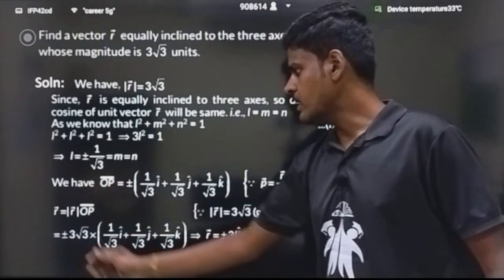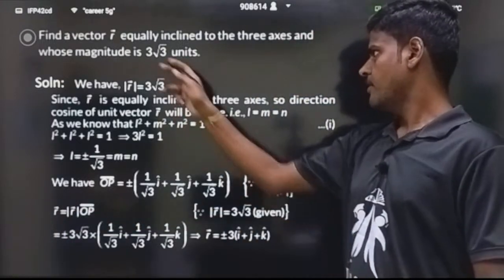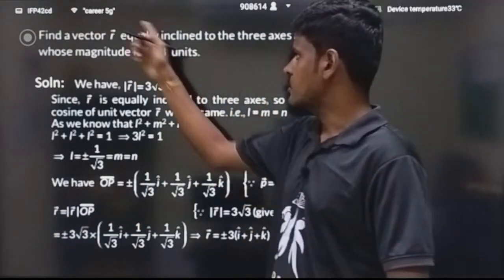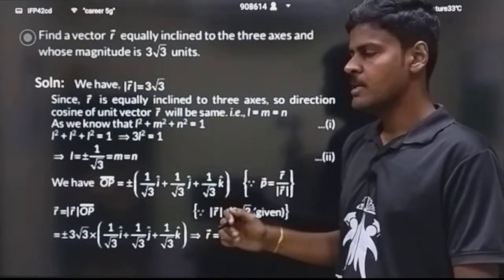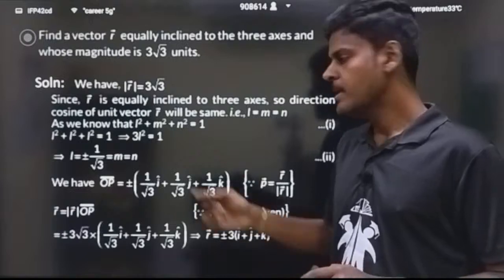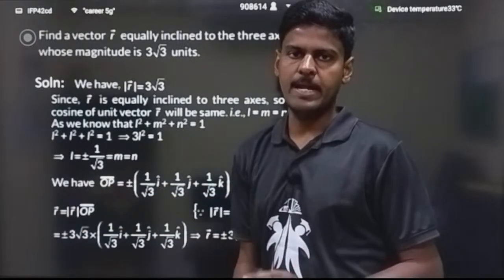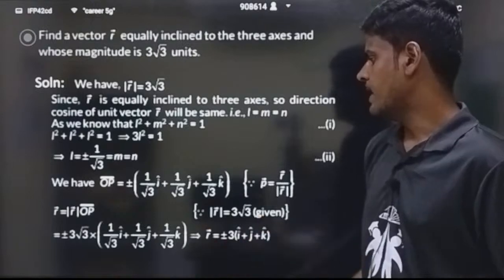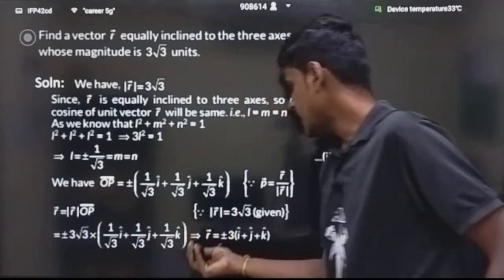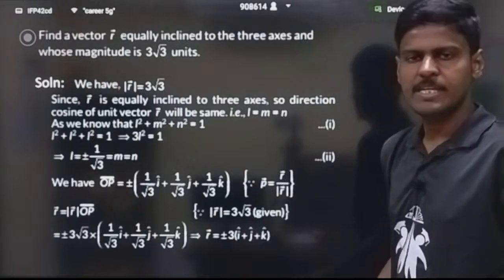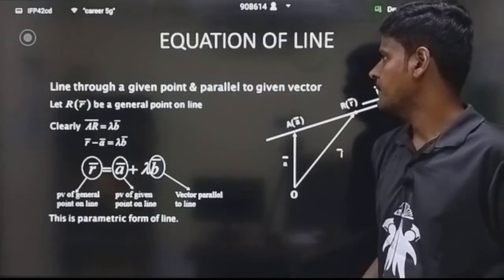And what is the required vector? R vector is given by, we have magnitude of this vector is 3 root 3, and this vector is also equally inclined to the axis. We have found the unit vector equally inclined to the axis in the first step. On the next step, multiply by magnitude. Then that will be the required vector. Easy questions. And that will be given by 3 root 3, and root 3 will get cancelled. So we will get 3 times of I plus j plus k plus or minus.